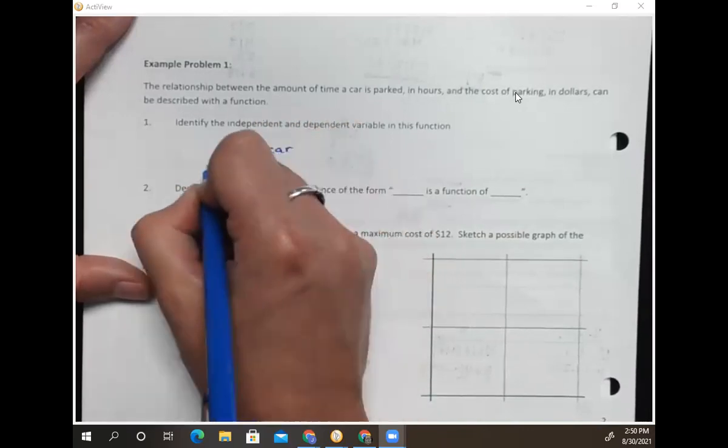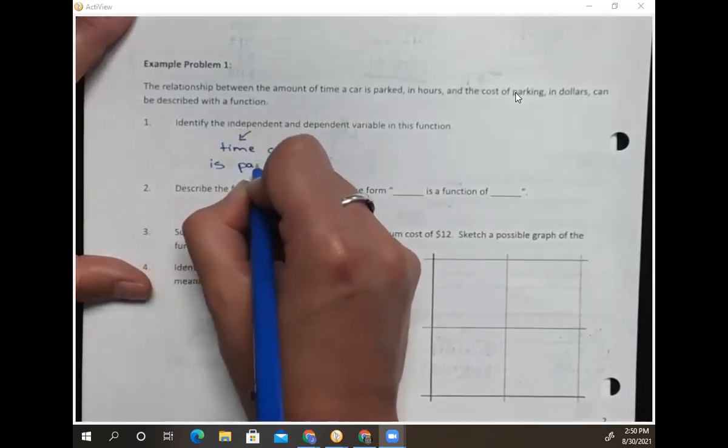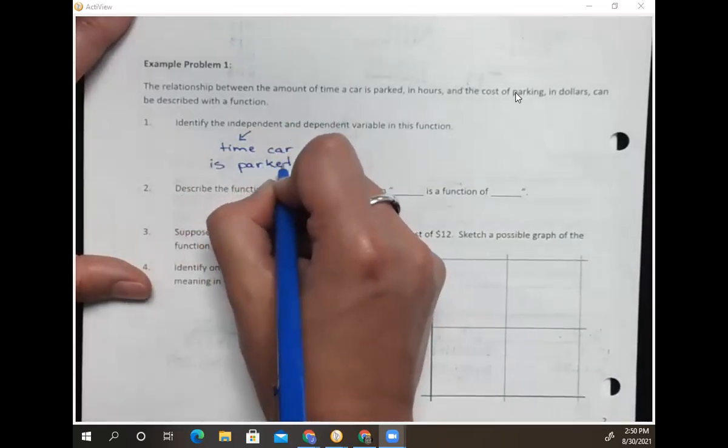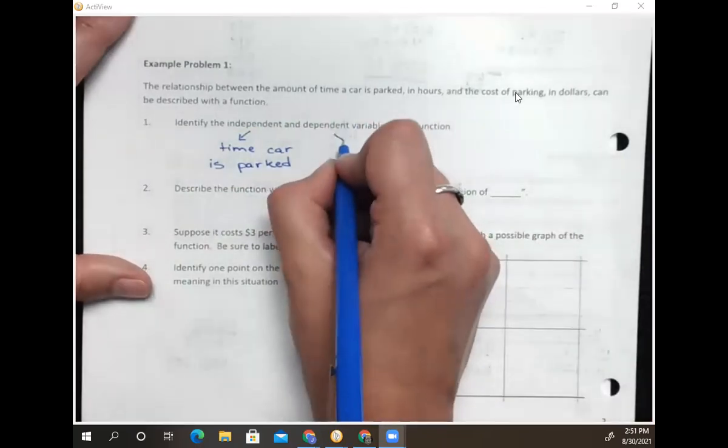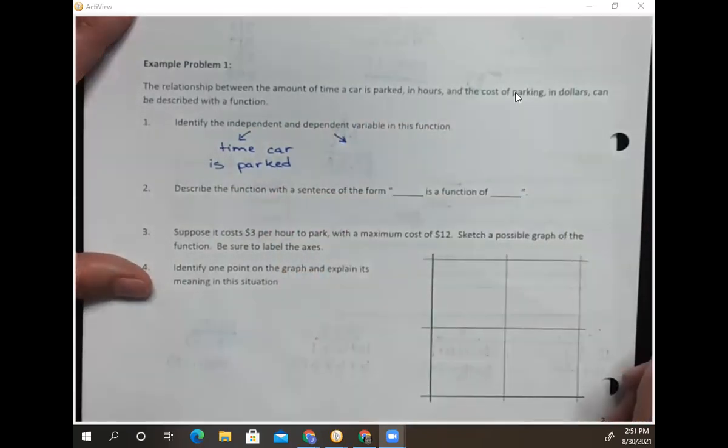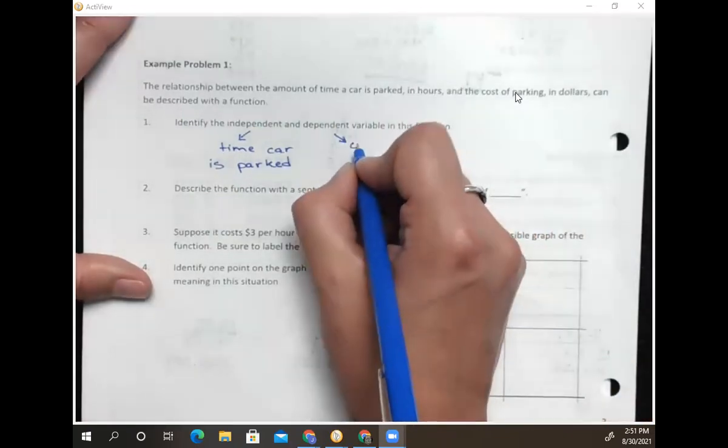Time car is parked. That's the thing that I am in control of, how long I'm going to park my car in this parking deck. So then what would be our dependent variable? The cost.